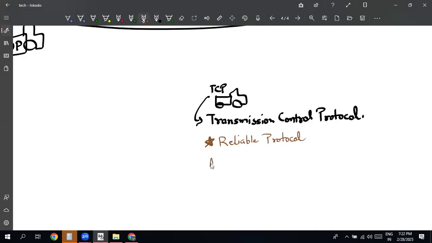TCP prefers to establish a connection before transmitting the traffic. This connection is established as a virtual connection before your original data transfer begins, and that is why it is also considered a connection-oriented protocol.